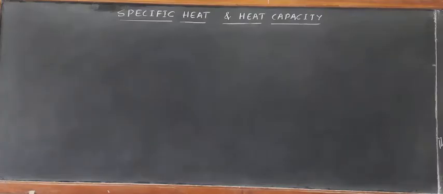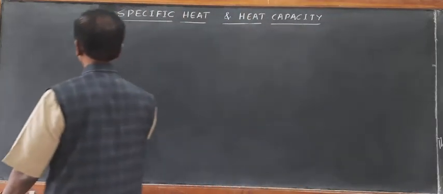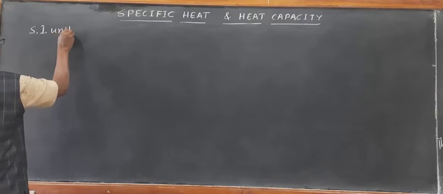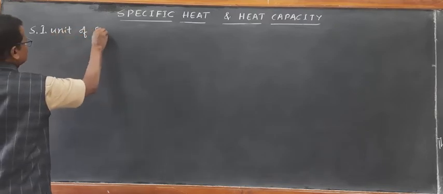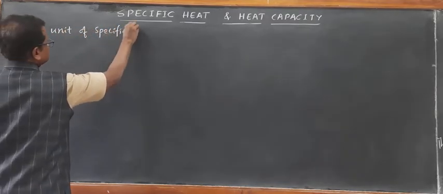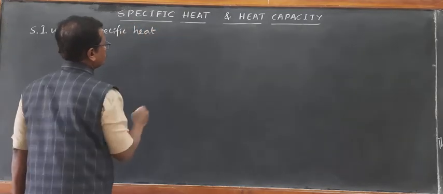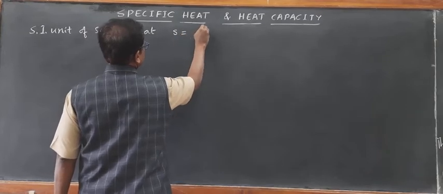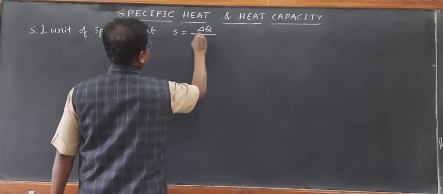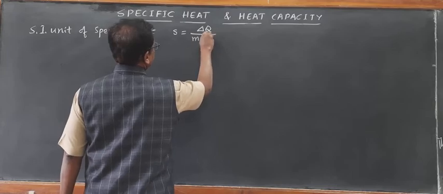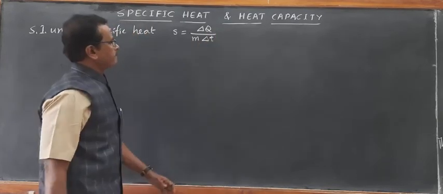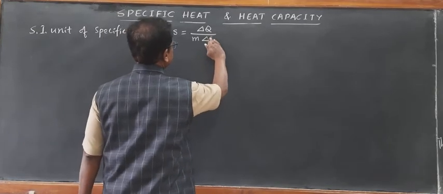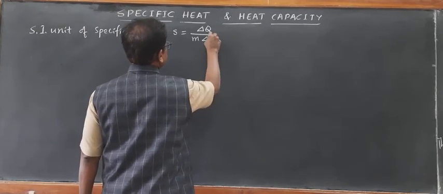Now first I will write what is the SI unit of specific heat. Specific heat is denoted by small s. Small s is equal to delta Q by m delta T. Delta T can be given as capital delta capital T. Both are the same.